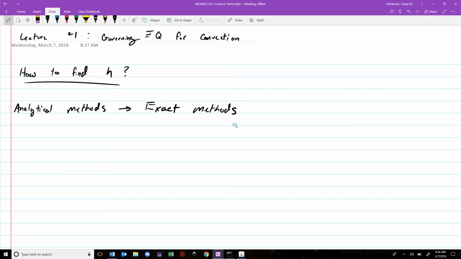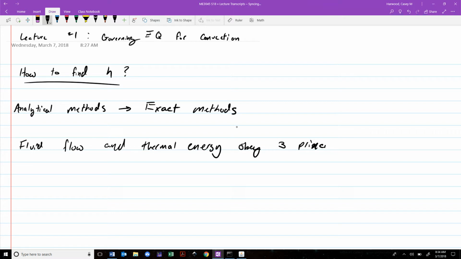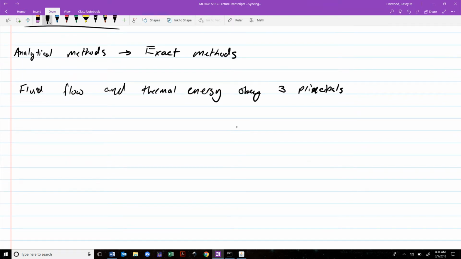So where we left off last time was the idea that fluid flow and thermal energy obey three principles. Number one was mass conservation.